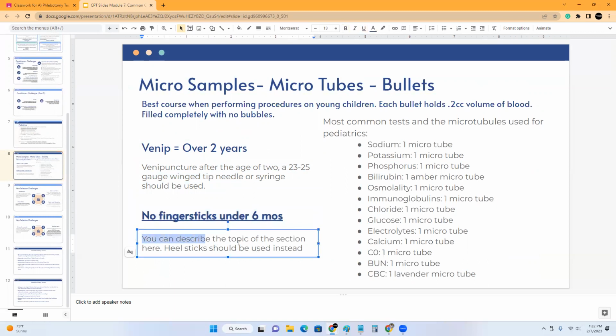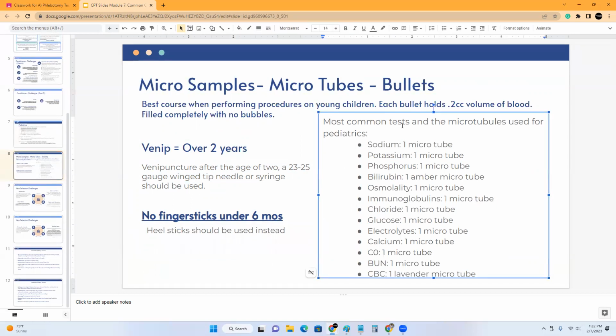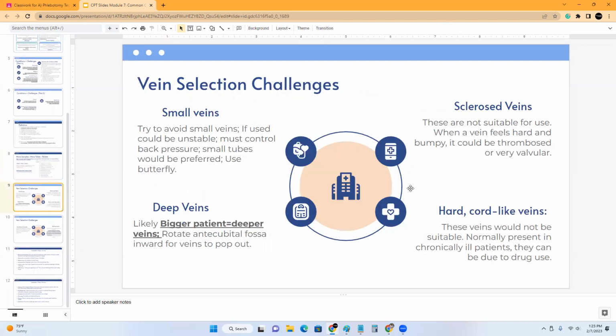Heel stick should be used instead on babies under 6 months. Most common tests are the microtubes for pediatrics: sodium, potassium, phosphorus, bilirubin, all of these things, and one lavender microtube, which I will show you in the office.